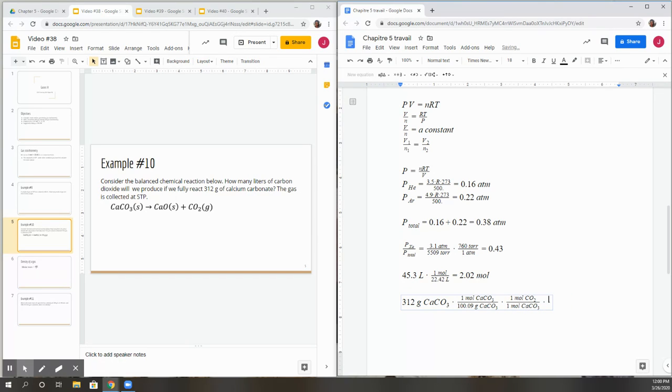The only difference here is because this is at STP, I can assume that 22.42 liters is the volume of 1 mole of CO2. Put this in my calculator. The 22.42 doesn't contribute to sig figs, neither does the 100.09. I got 69.9 liters.